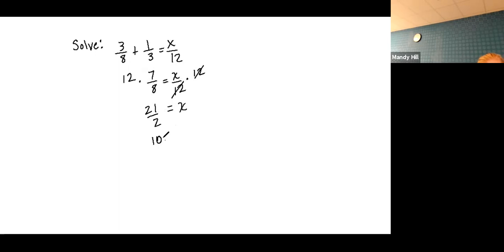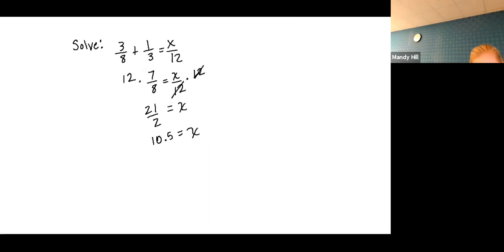If we wanted the decimal form of that, it would be 10.5 is equal to x. If you get this in your calculator and you want to convert it to a decimal, you just hit math, enter, and it'll change it back and forth from a decimal to a fraction.